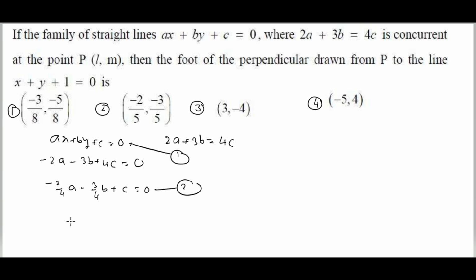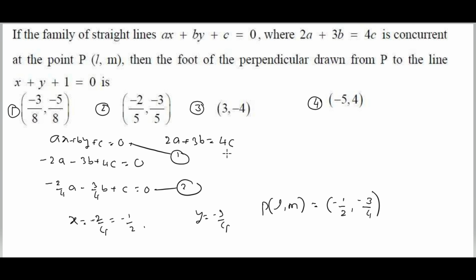Equating the coefficients of a, that is x is equal to minus 2 by 4, that is equal to minus 1 by 2, and y is equal to minus 3 by 4. Therefore, the point of concurrence L, comma M, this is P, is equal to minus 1 by 2 comma minus 3 by 4.